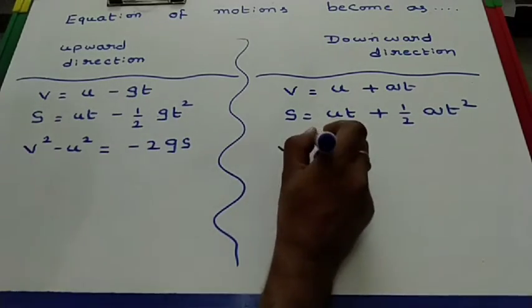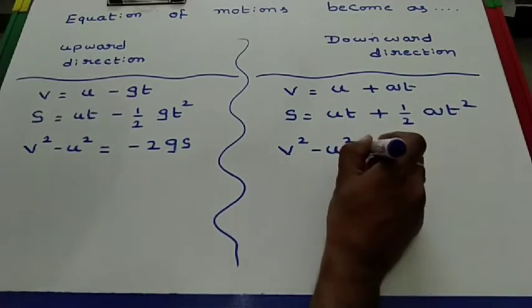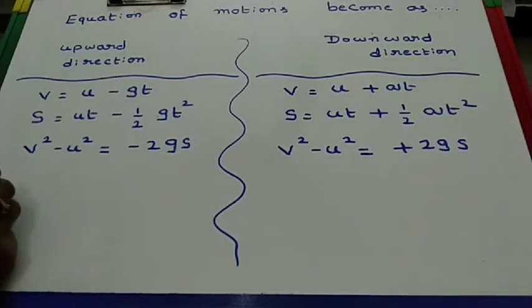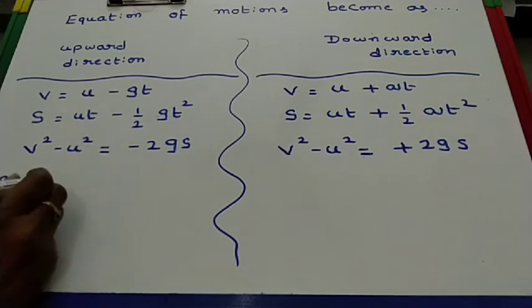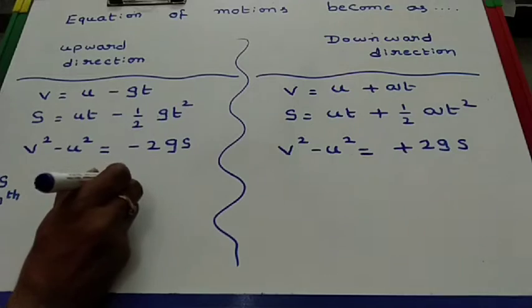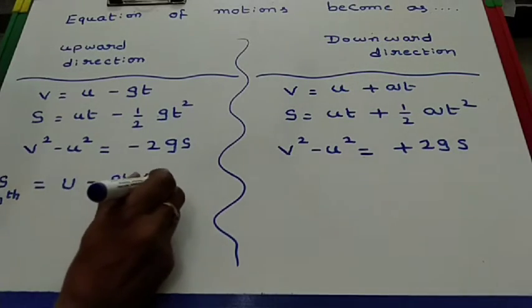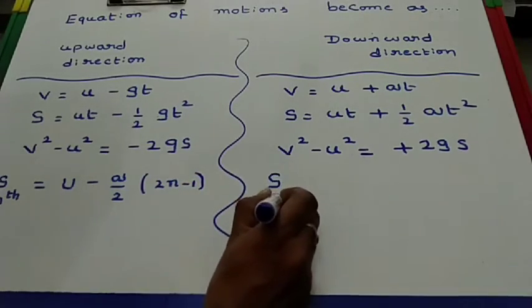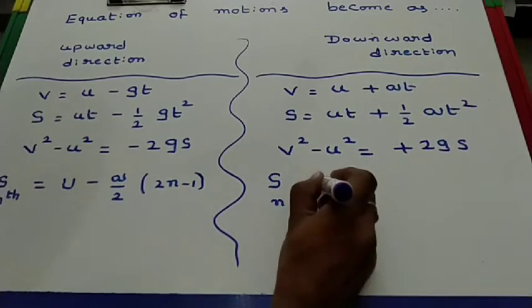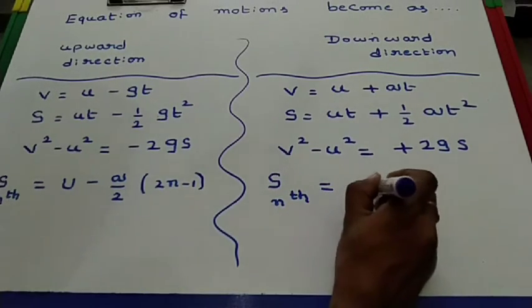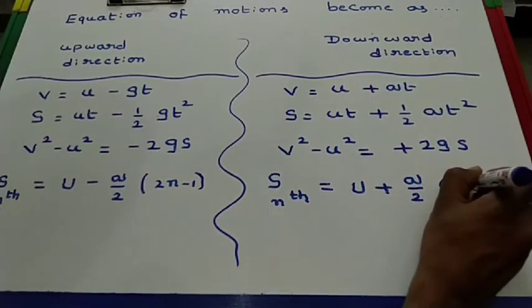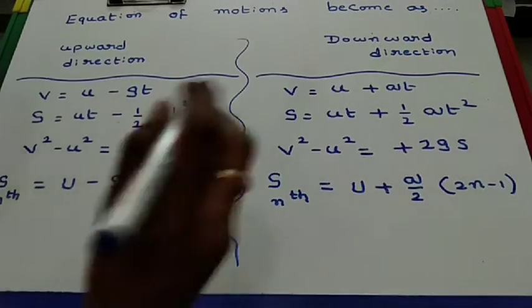Here v square minus u square is equal to plus 2gs. Fourth one, s nth is equal to u minus a by 2 into 2n minus 1. Here s nth is equal to u plus a by 2 into 2n minus 1.